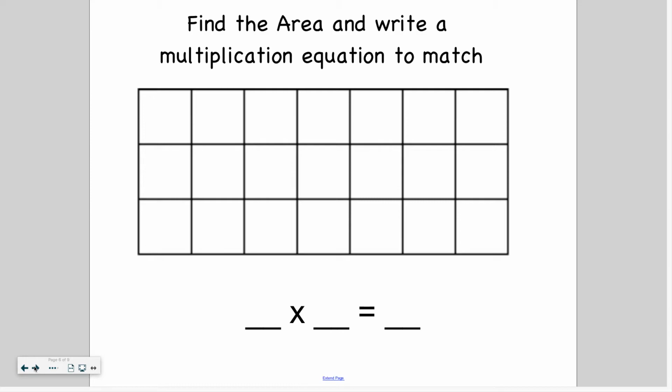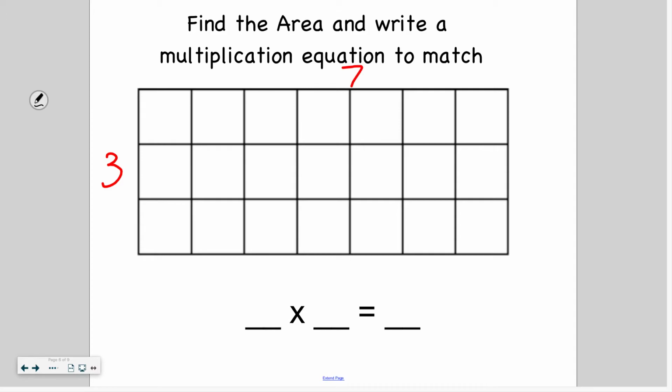So I'm going to model how we can use multiplication to help us find the area. So we already know that we can multiply the length times the width, right? The length times the width. But we can write an equation to match that problem and think of this as an array. So I know that this is 3 units wide and 1, 2, 3, 4, 5, 6, 7 units long.